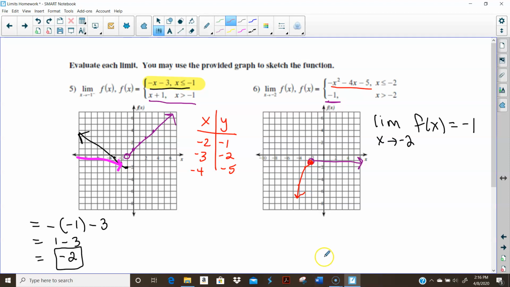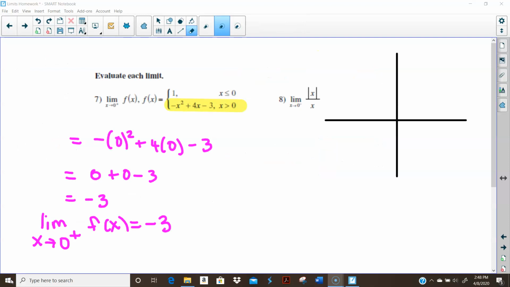And because the function is continuous, when I find the limit as I'm approaching from the left-hand side and from the right-hand side of -2, this function is approaching the same point, which is -1. So therefore, the limit exists. Number 7, you can see I just quickly did by direct substitution. The important part of this problem was realizing which of these two sections or parts of the function I should directly substitute into.